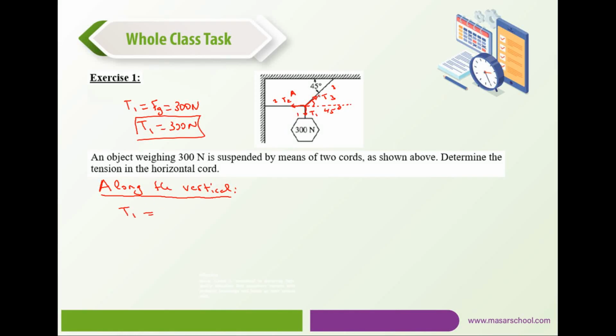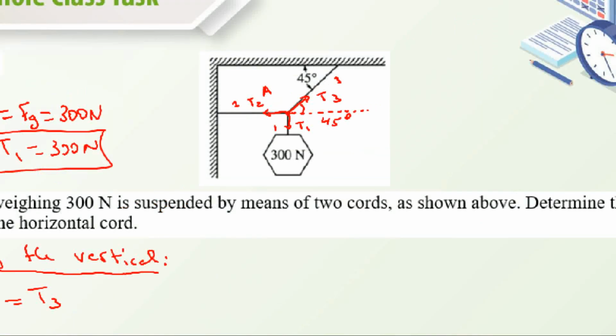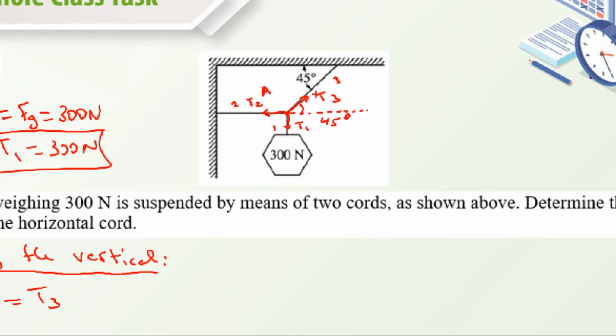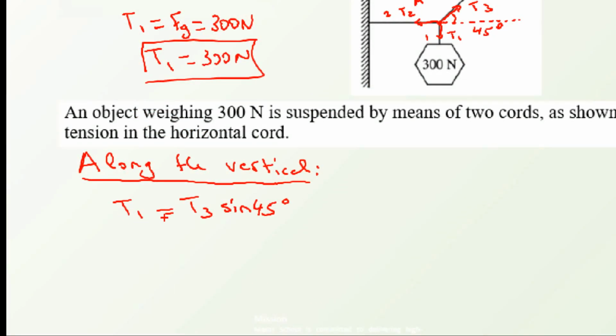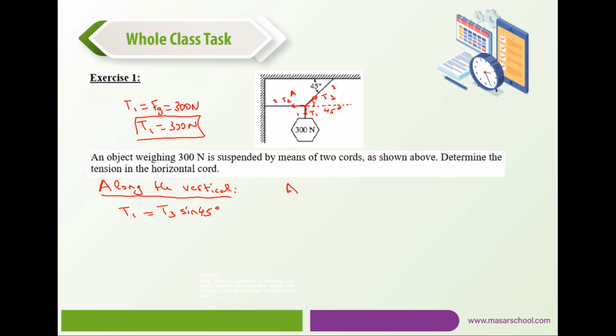It's being balanced by the vertical component of T3, which is up, and if 45 is the angle between T3 and the horizontal, then we multiply T3 by sine 45. As you can notice, along the vertical we don't have the expression of T2, the tension along the horizontal cord. So now we need to apply this again along the horizontal.